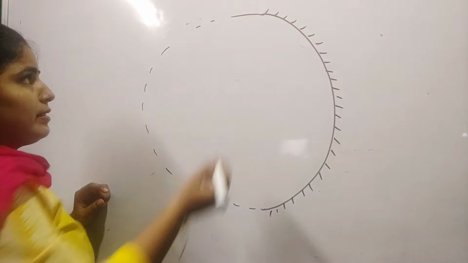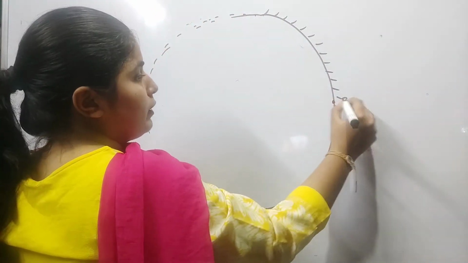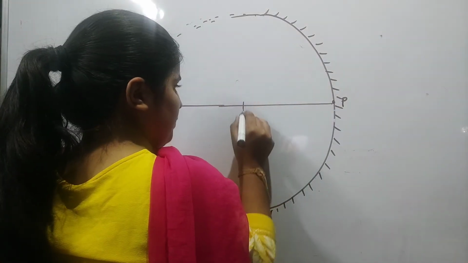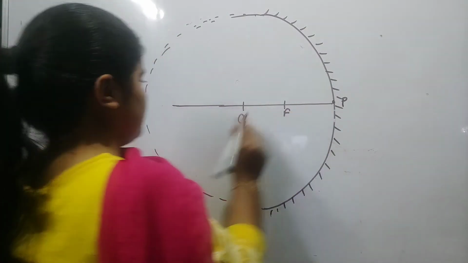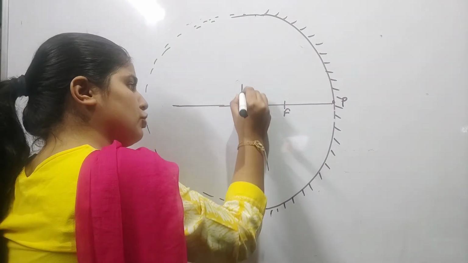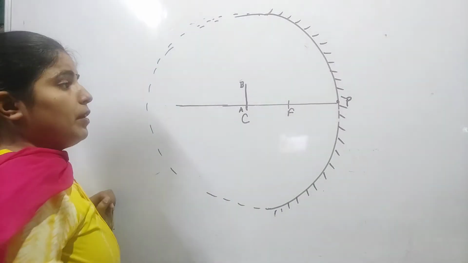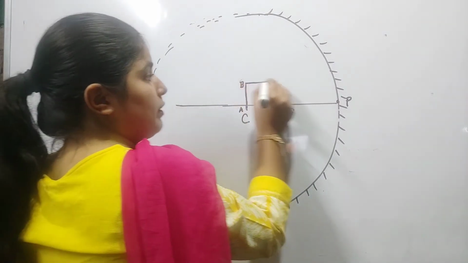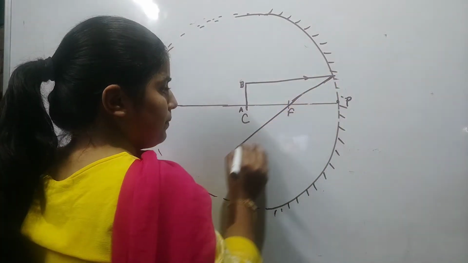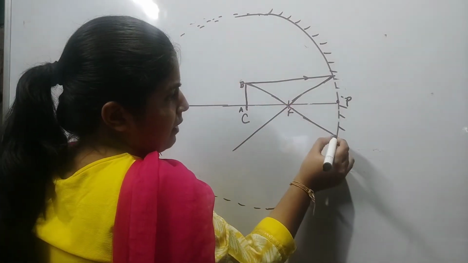Now I am going to discuss the formation of image by the concave mirror when the object is placed at the center of curvature. So the object is placed at the center of curvature. Apply any two rules: the ray which is parallel to the principal axis will pass through the focus, and the ray of light which passes through the principal focus will become parallel.